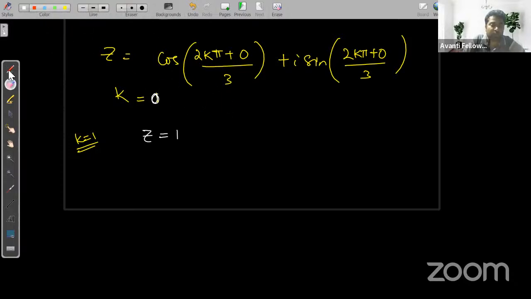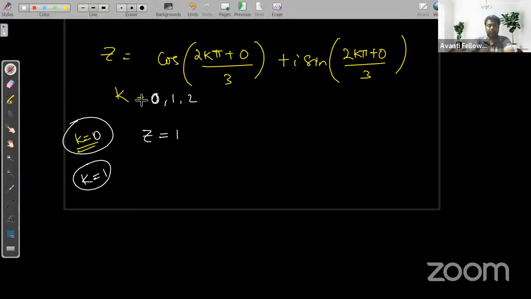Then cos 0 will be 1 and sin 0 will be 0. So z is equal to 1. By putting k is equal to 0, we are getting z is equal to 1.